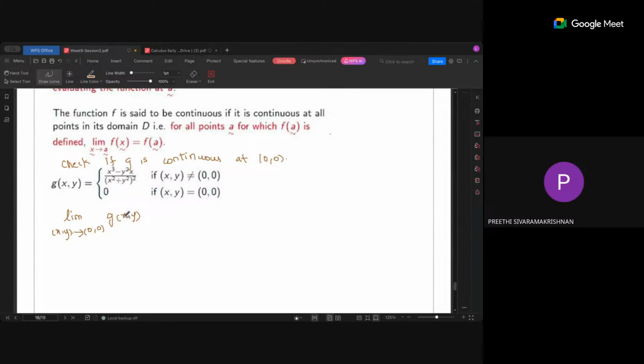Ma'am, we take the same case, along the x-axis, along the y-axis curves. Okay, so that is when the limit does not exist. Now here, what about the numerator and the denominator when (x, y) is non-zero? It will give some value.